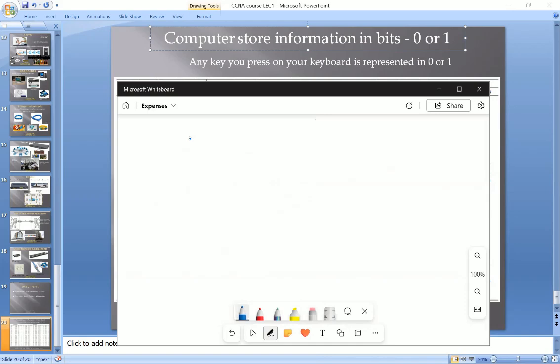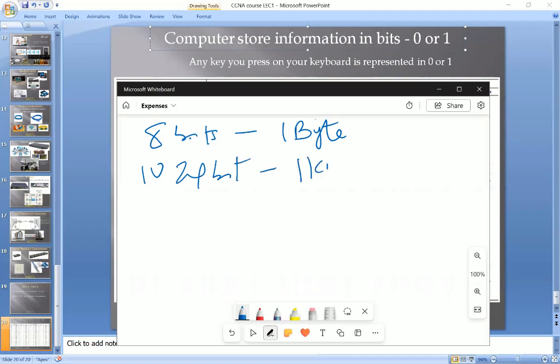So now we said 8 bits, 8 zeros and ones, equal 1 byte. Let's say 1024 bytes equal 1 kilobyte.